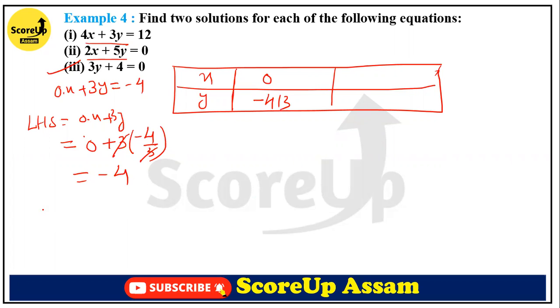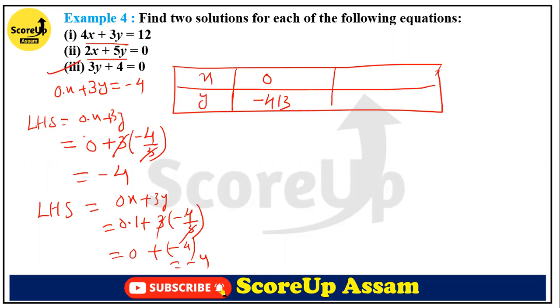Now, what will be our another value? See, if we put x as 1, then 0 into 1 plus thrice y, and we can put the same y, minus 4 by 3. Again it will be 0 plus, the 3 and 3 get cancelled, ultimately it will be minus 4.